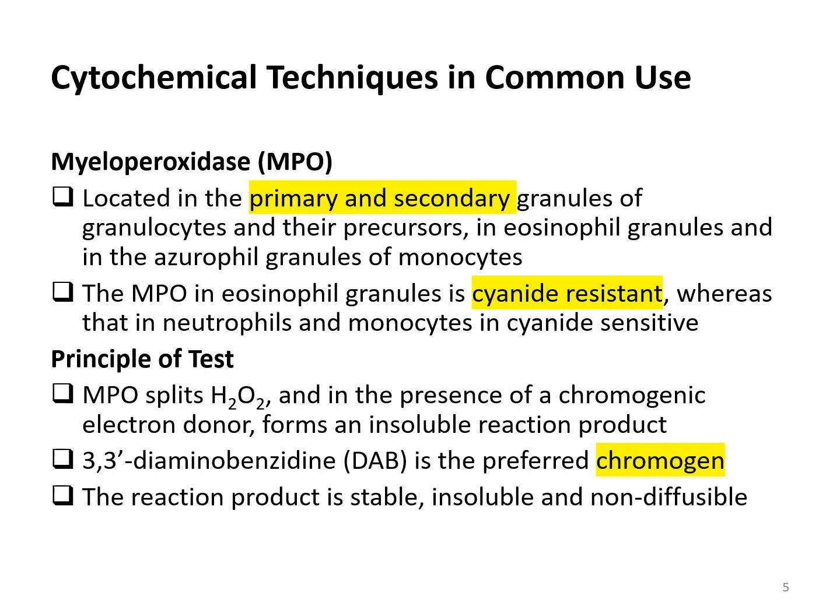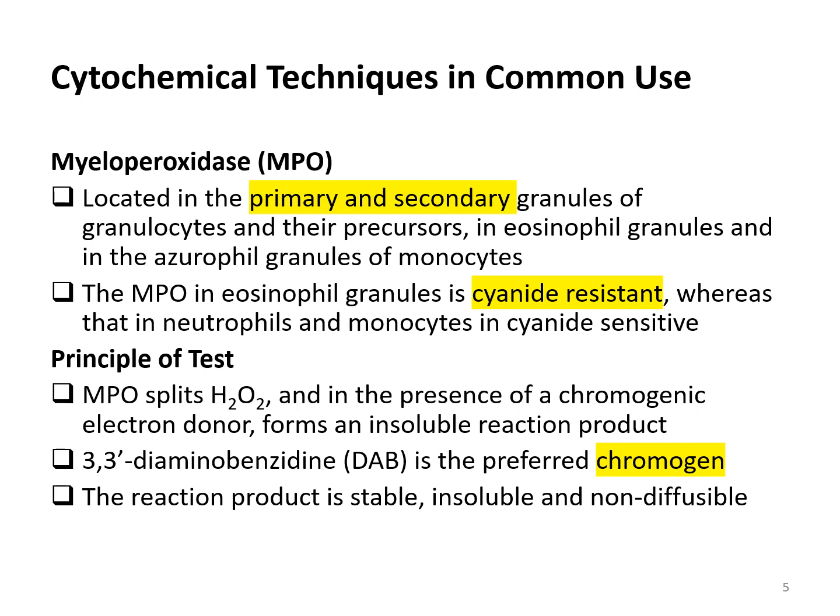The principle involved in this reaction is that the enzyme can cleave H2O2, hydrogen peroxide, and the product can form an insoluble chromogenic substance, for example 3,3-diaminobenzidine, or DAB.